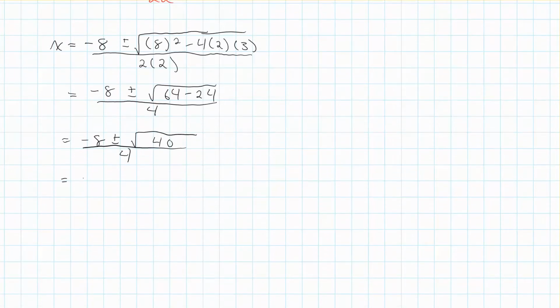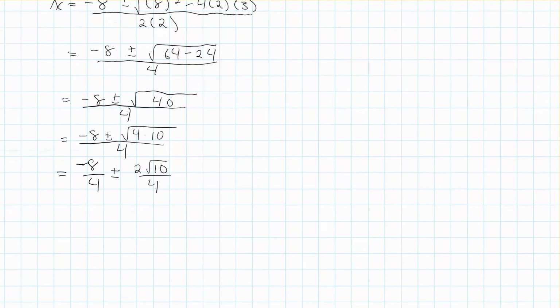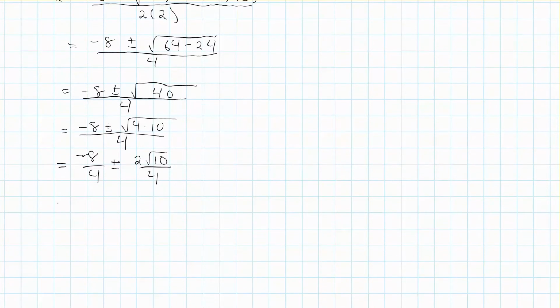This would be the same thing as negative 8 plus or minus the square root of 4 times 10 over 4, which this would be negative 8 over 4 plus or minus 2 square roots of 10 over 4. And so we can finally simplify this down to negative 2 plus or minus the square root of 10 over 2.